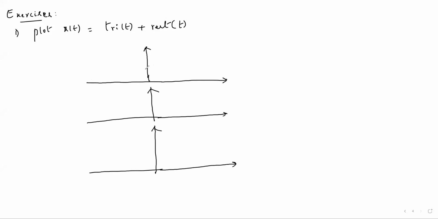It's a triangular signal from -1 to +1, with amplitude 1 at the origin. Whereas the rectangular signal, rectangular of t by tau, where tau is the width of the rectangular pulse.